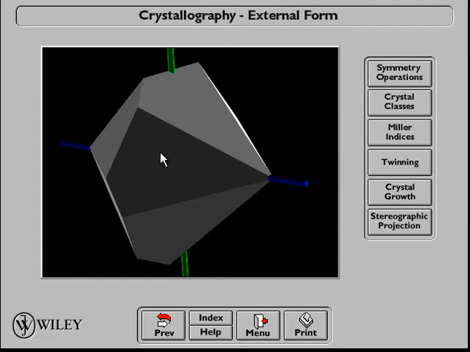We can talk about the Miller indices, the twinning, the crystal growth, and the stereographic projection. So now we will start today with the symmetry operations.